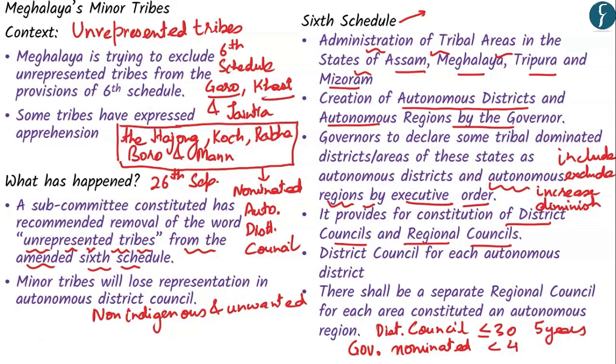There shall be a separate regional council for each area constituted as an autonomous region. Now, as already mentioned, the 6th Schedule takes into account the administration of tribal areas of Assam, Meghalaya, Tripura, and Mizoram. For other areas, the 5th Schedule is also important. The PDF of this video has the provisions of the 5th Schedule listed, and you should go through them.